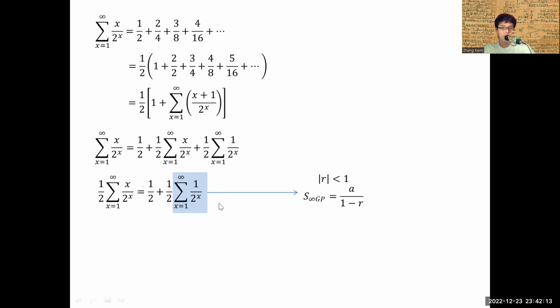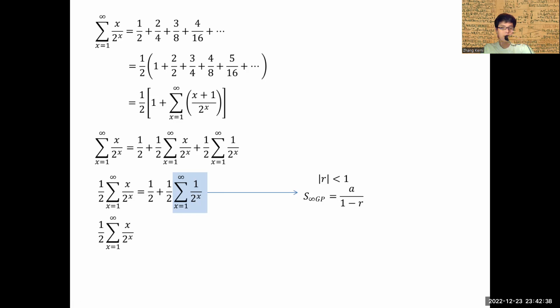The first term in this case will be half, because when x is 1, it gives us half. And for 1 minus the ratio, the ratio is also half. So basically half over half, because 1 minus half is half, and half over half is 1. So this entire sum will converge to 1.